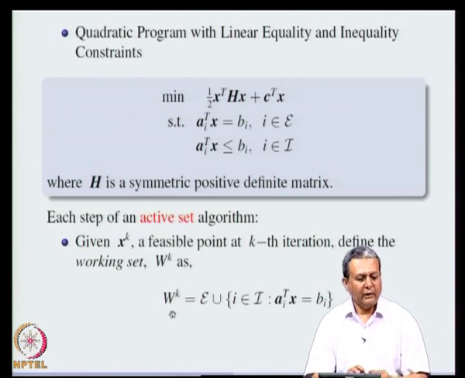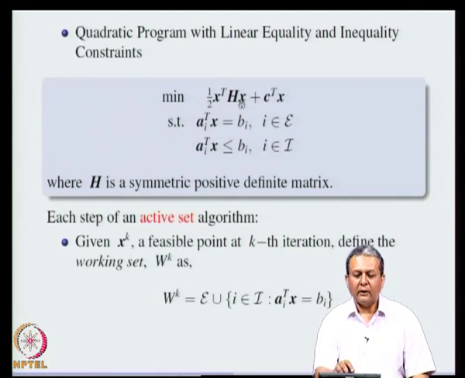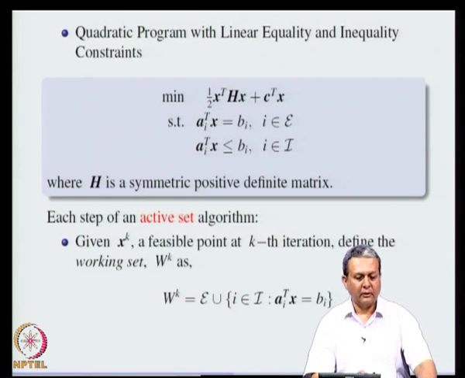So, once we find the working set, the idea is to solve the quadratic program with respect to the working set, and since the working set is the set of all equalities, we can use some of the ideas that we studied when we studied the optimization of a quadratic program with respect to linear equality constraints.